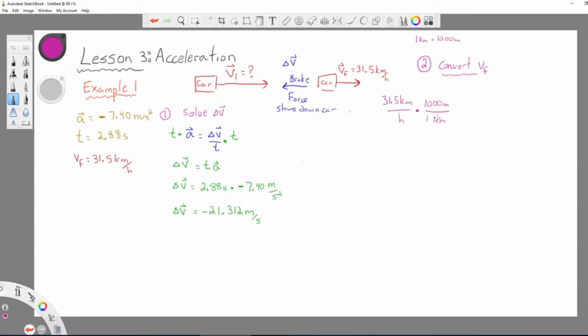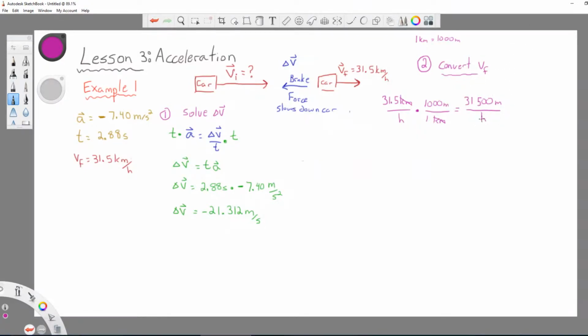This is effectively multiplying by a value of 1, which isn't going to change anything but our units, right? Our kilometer value can get crossed out. We run this math, and we move the decimal 3 places when we multiply by 1,000. So 31,500 meters per hour. We're halfway there.